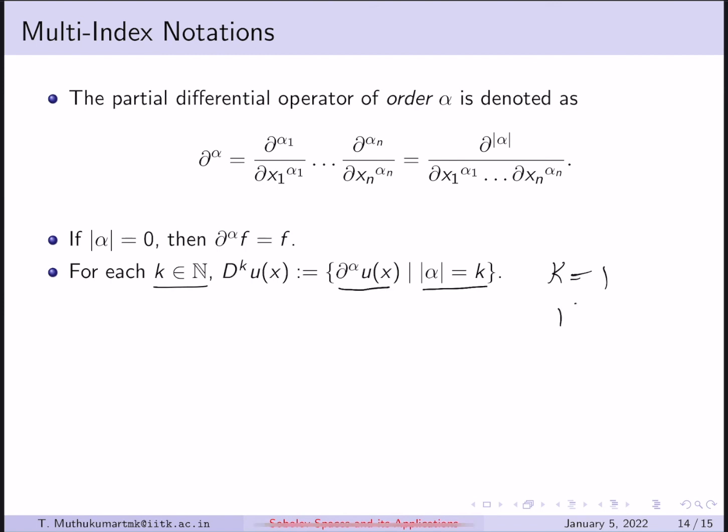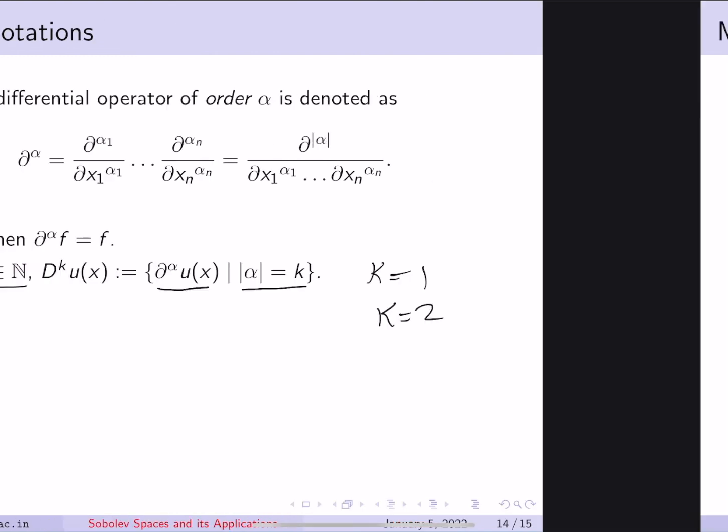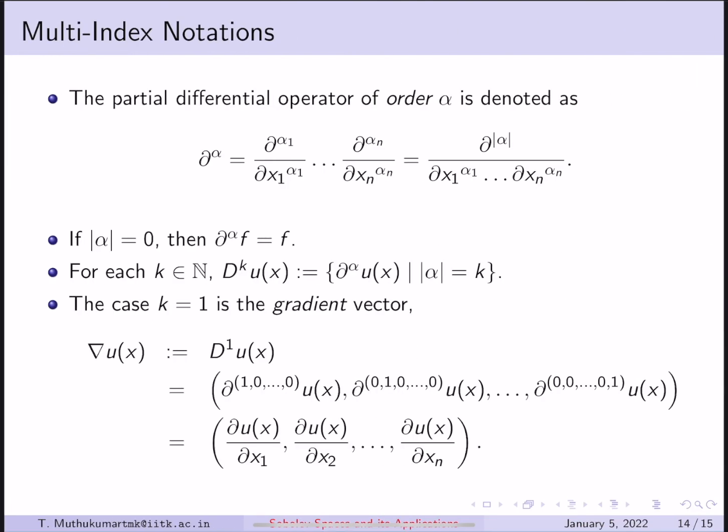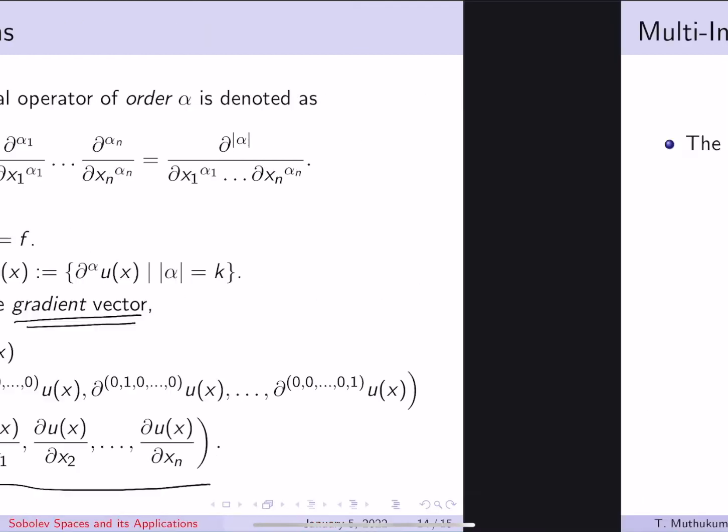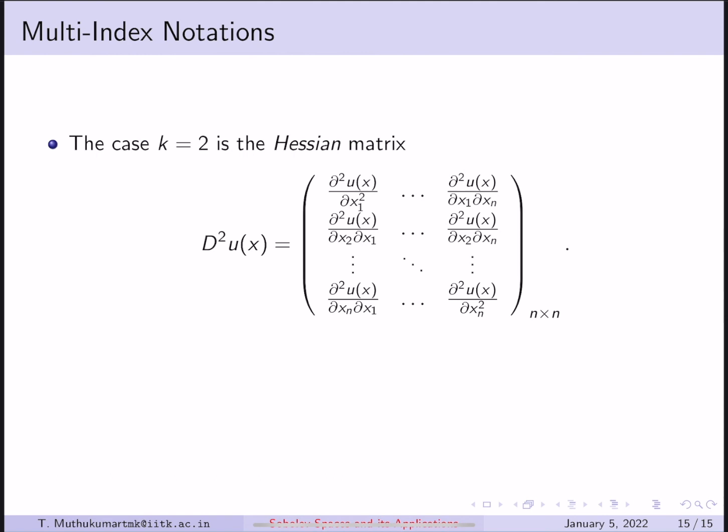All second order partial derivatives are called D2, which is what is called the Hessian matrix, and so on.